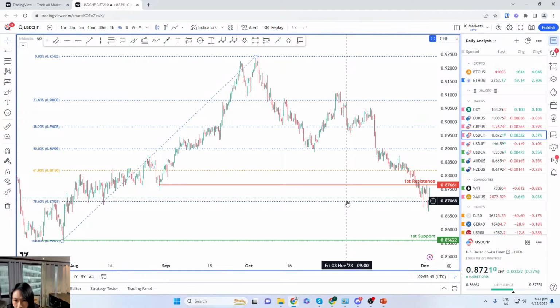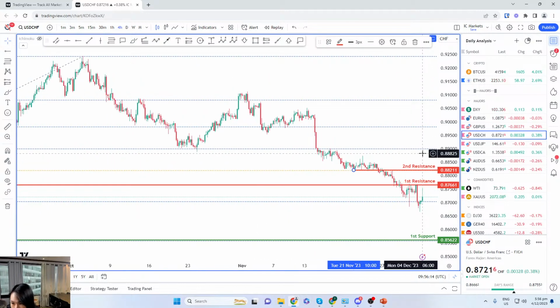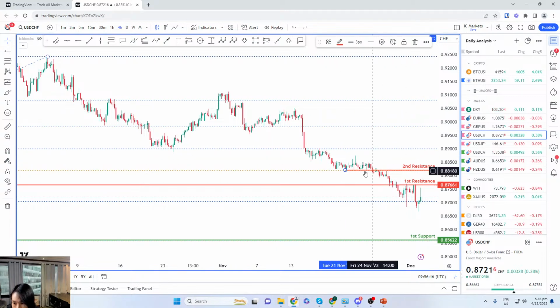Over here you can see there is some Fibonacci retracement. The 61.8 Fibonacci retracement line is here. So I can use this as my second resistance level. And this line also happens to be cutting across the wick of these candles here.